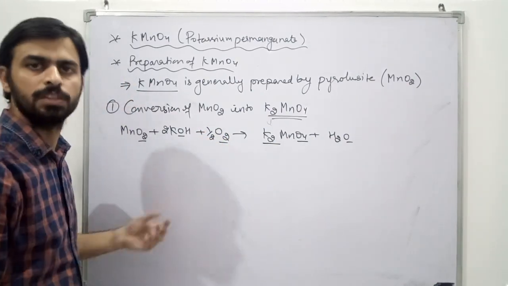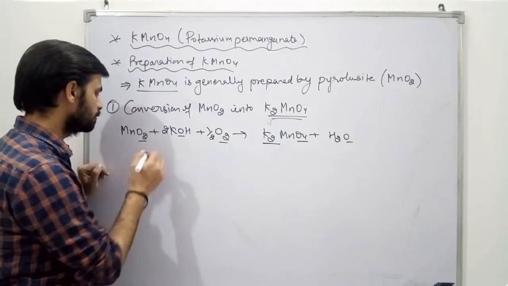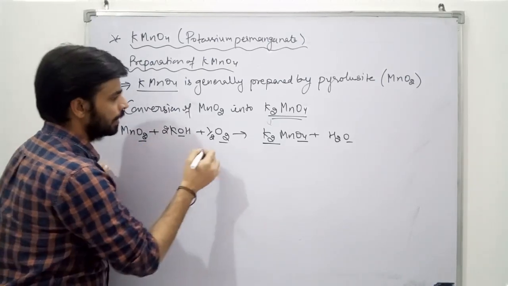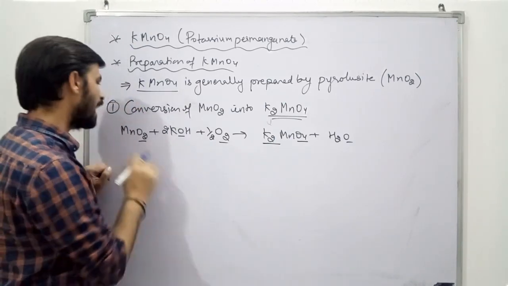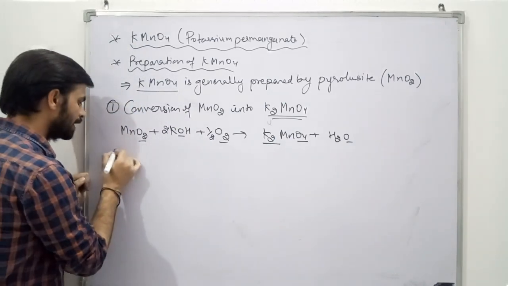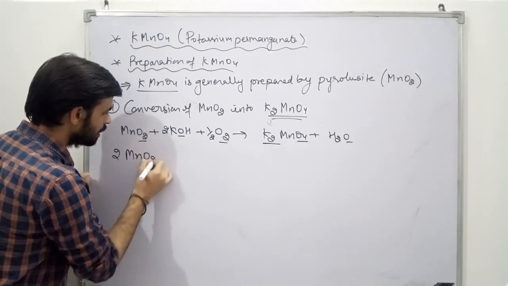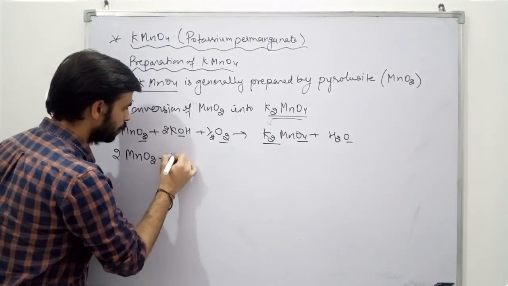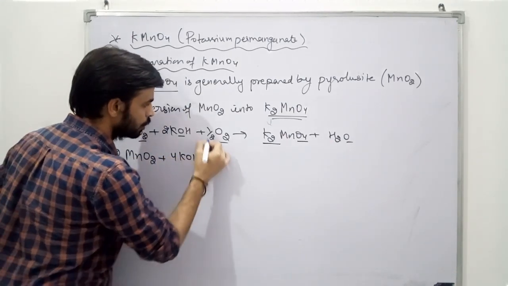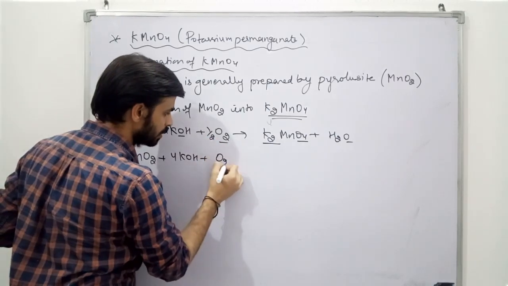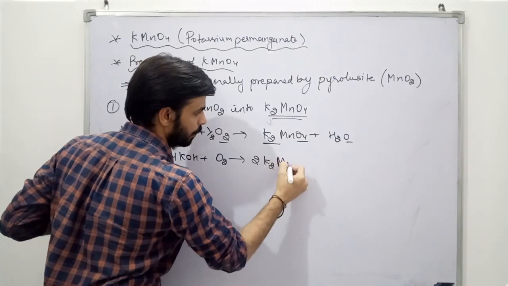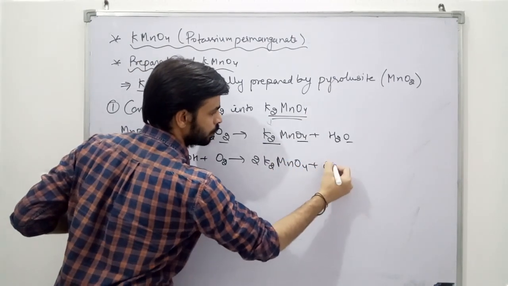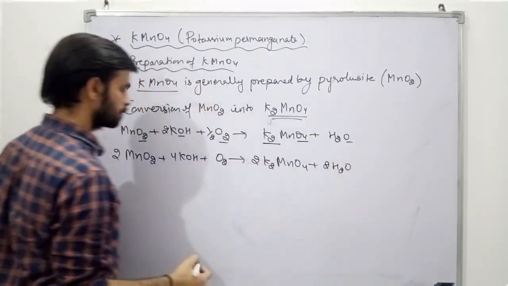Now in a balanced equation we cannot have a fraction value, so we have to multiply this equation by 2. Then we have twice MnO2, 4 times KOH, 2 multiplied by half, that is a single O2, gives twice K2MnO4 plus twice H2O.